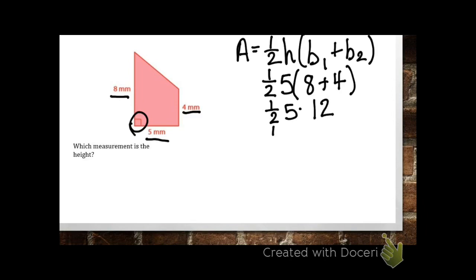You could say 1/2 of 5 times 12 is 60. 1/2 of 60 is 30. 30 millimeters squared. Does everyone see that? So A is equal to 30 millimeters squared.